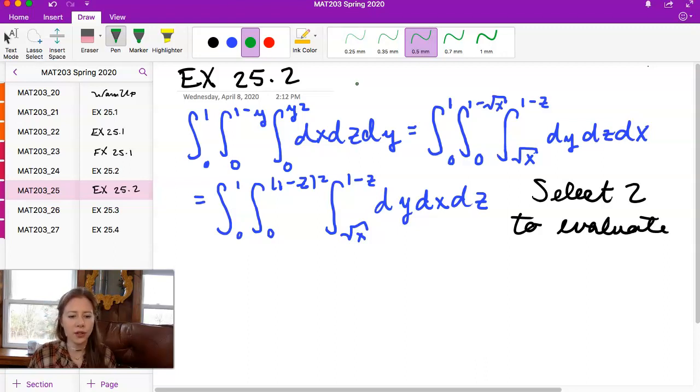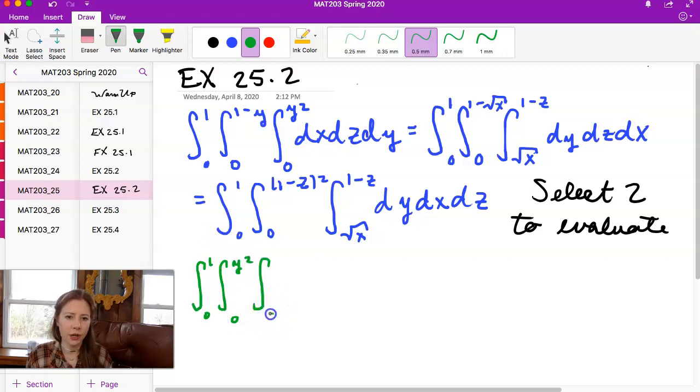And so let us do the dz, dx, dy. So we're going to go from 0 to 1, from 0 to y squared, and from 0 to 1 minus y, and this was dz, dx, dy.